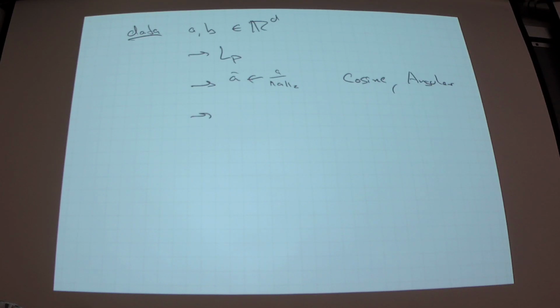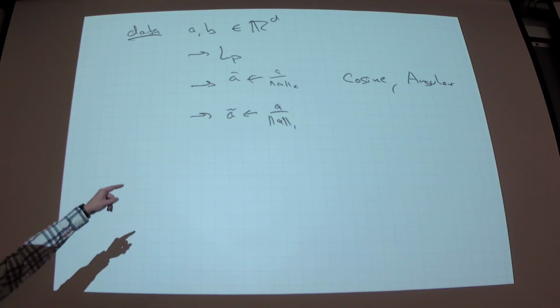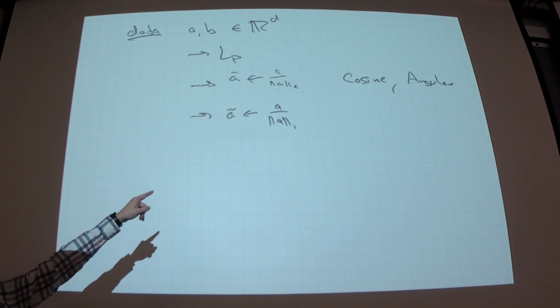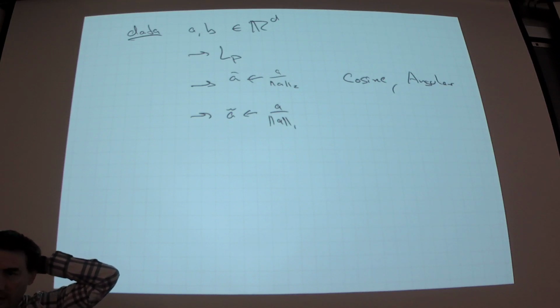I want to now talk about one more way you can map this down, where I normalize it in a way which is different, where I do an L1 normalization instead.